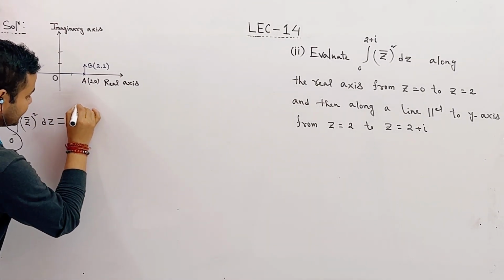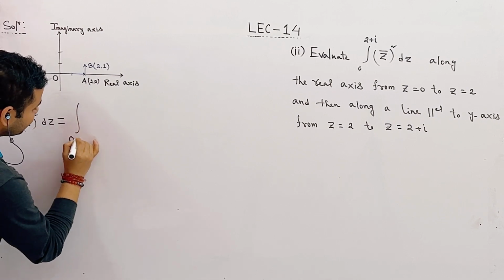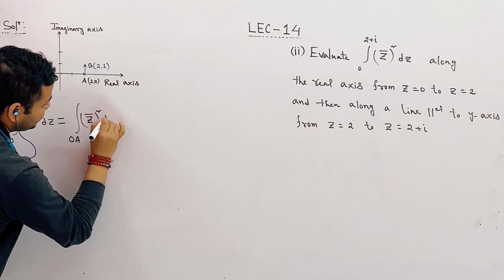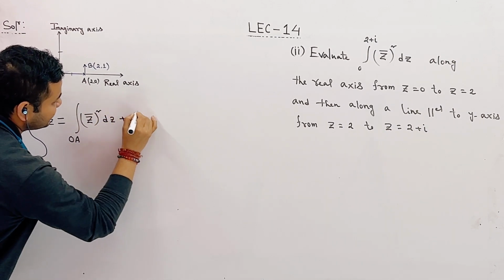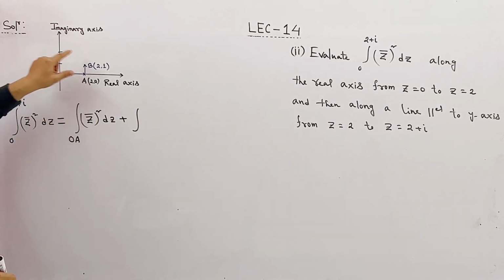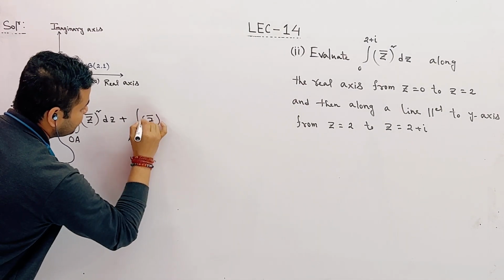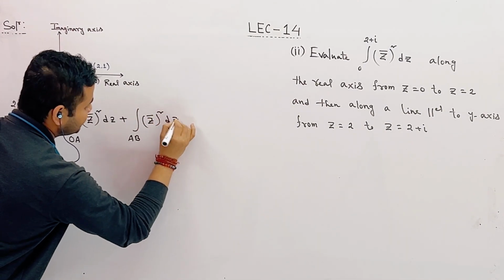First one is the integration along path OA of (z bar) whole square into dz, plus the integration along path AB of (z bar) whole square into dz.